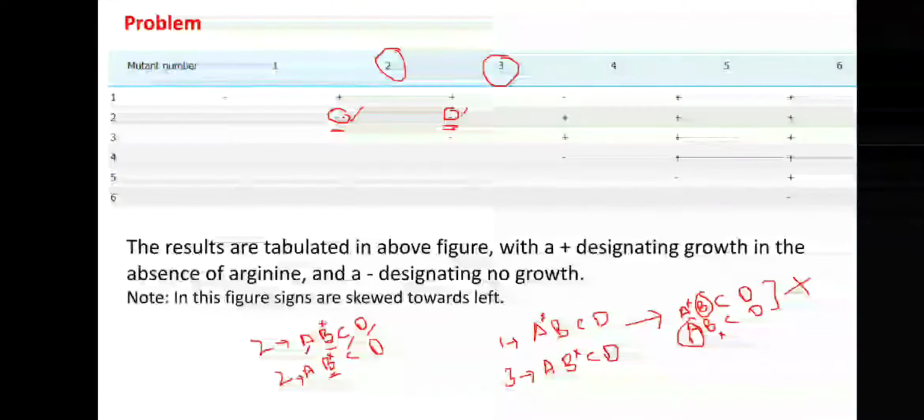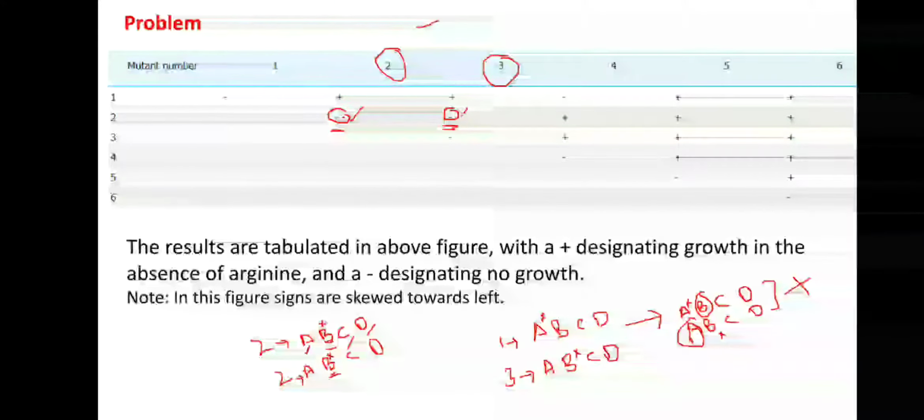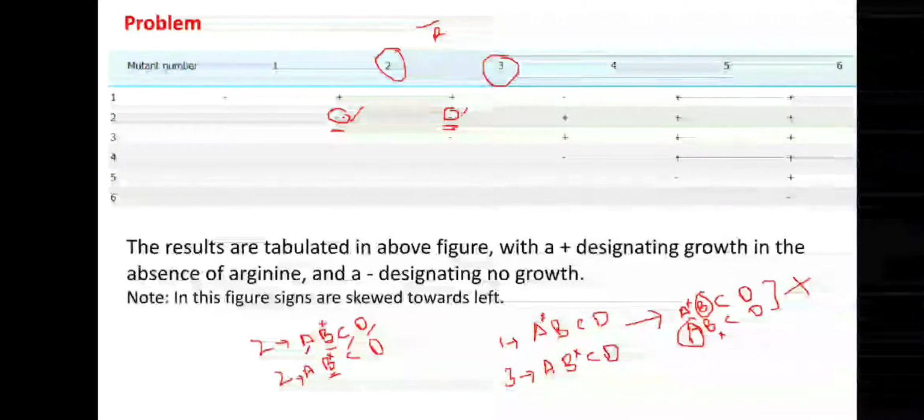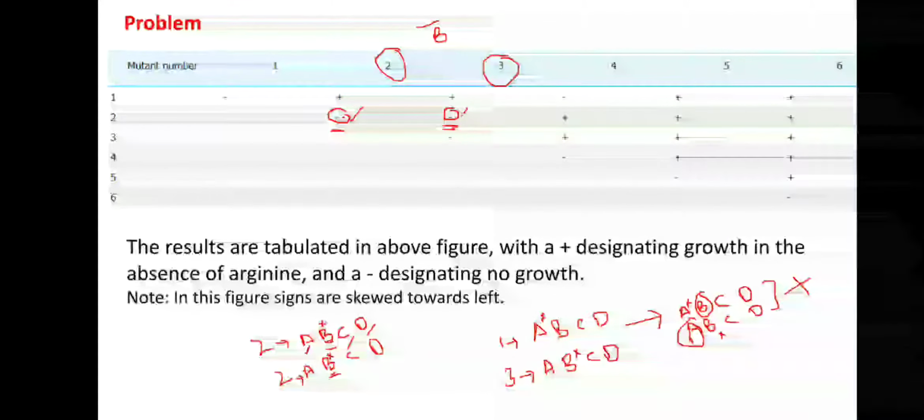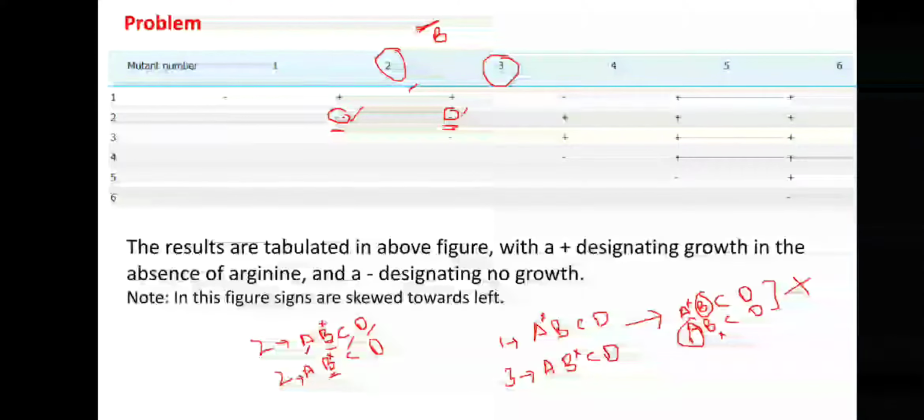But yes, within the same gene also the mutations can differ. So let's suppose this is the B gene. We know that in both mutants second and third, the culprit is a B gene mutation.